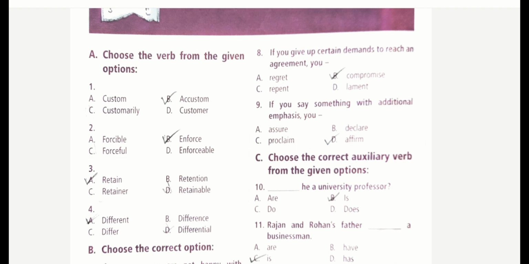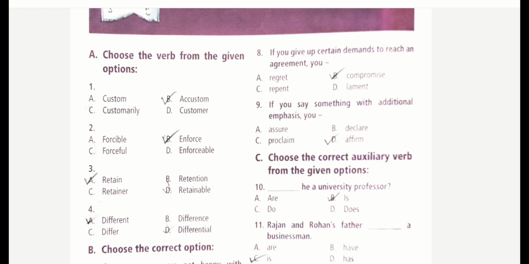Question number 2, the options are: A, forcible. Forcible is a word used when work is done using physical strength or power. So the word is an adjective, not a verb. The next is enforce. It is a word used to make sure rules or laws are followed. So this is a verb. And next is forceful.